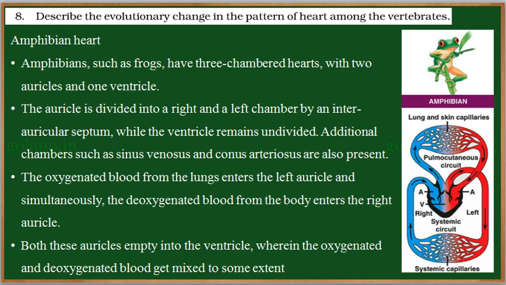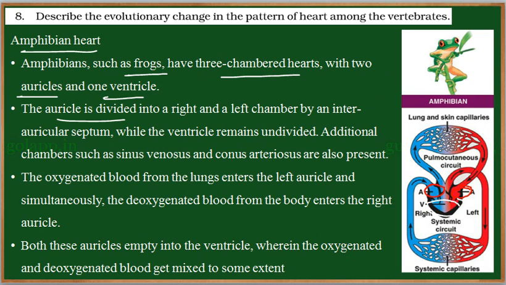Now let's see about the amphibian heart. So amphibians like frogs have got a 3-chambered heart. It has 2 auricles and 1 ventricle. So here we can see this is auricle and this part is the ventricle. So there are 2 auricles and 1 ventricle. The auricles are completely divided.